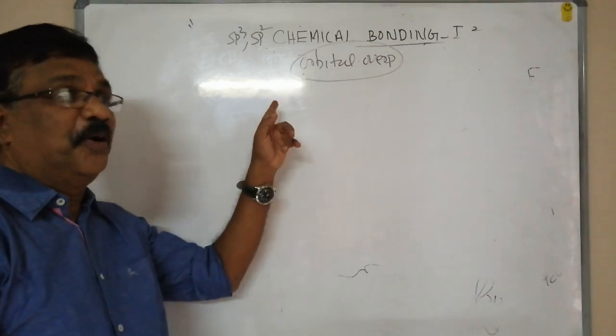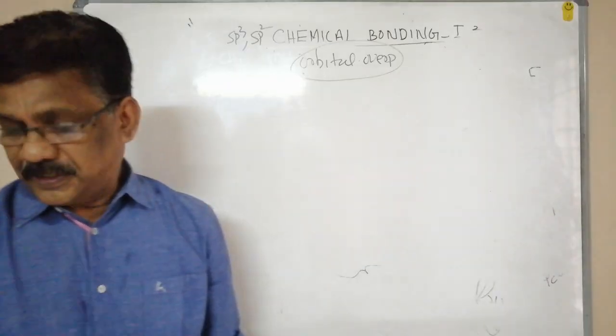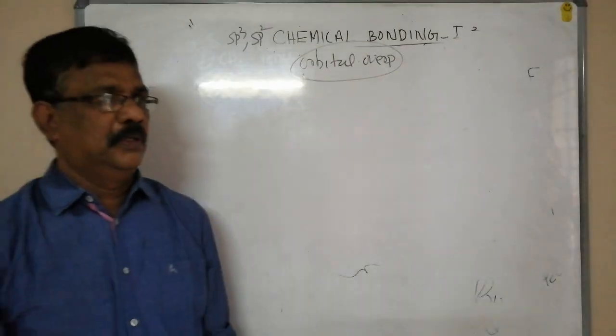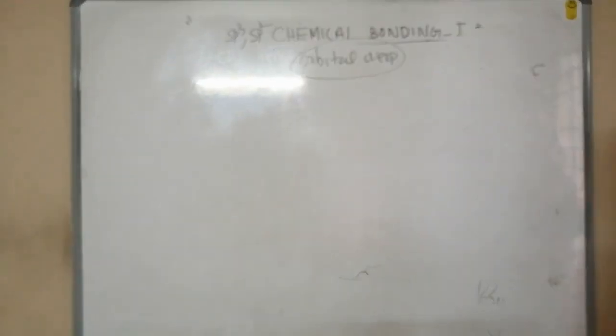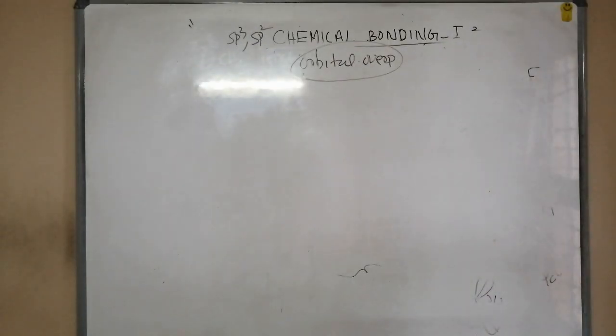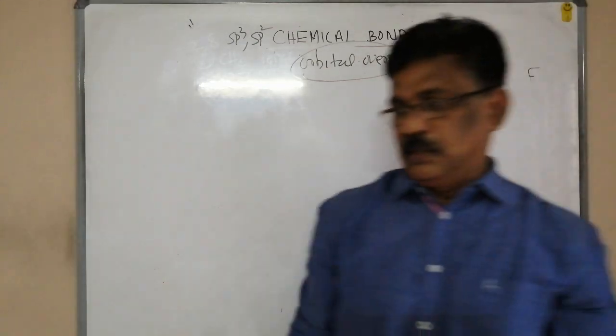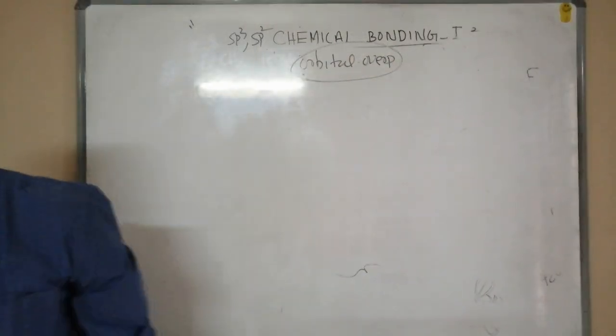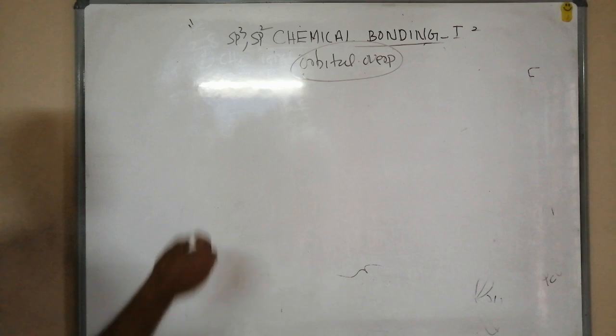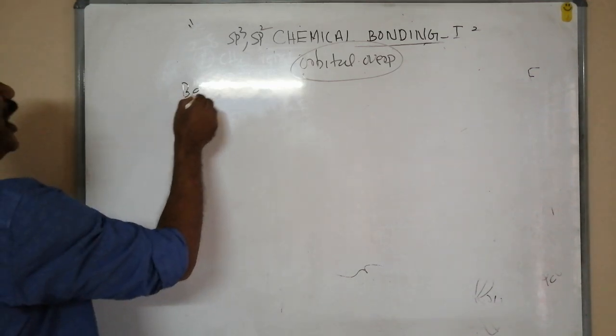Orbital overlap. Okay. Beryllium difluoride. So we can take fluoride also.